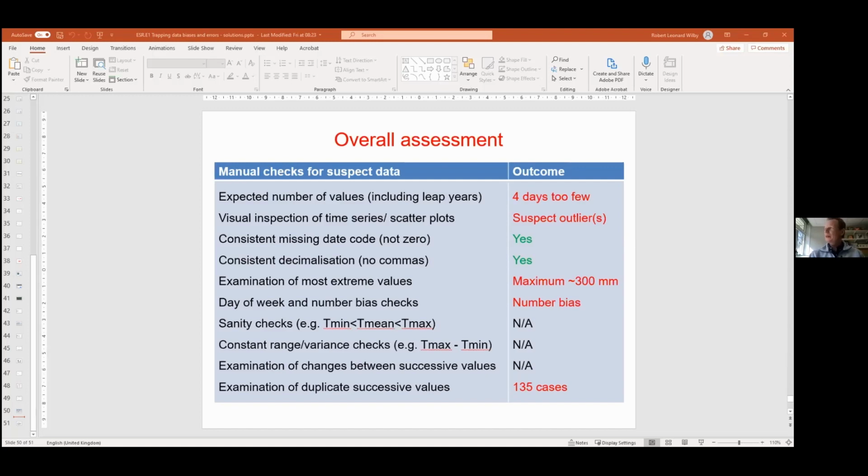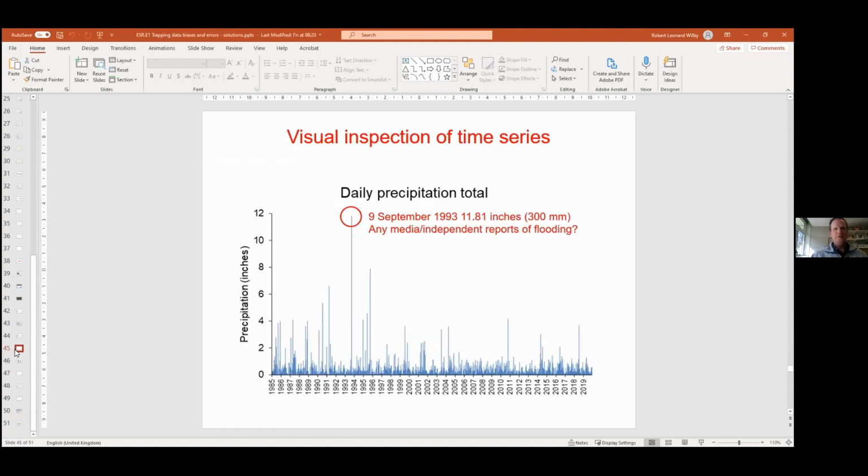If we're interested in, let's say, the changes in extremes, then I think we've got more of a problem, particularly with the rainfall, given that outlier, if I can find it again, it was on slide 45. There we go. So we're suspicious of this outlier.